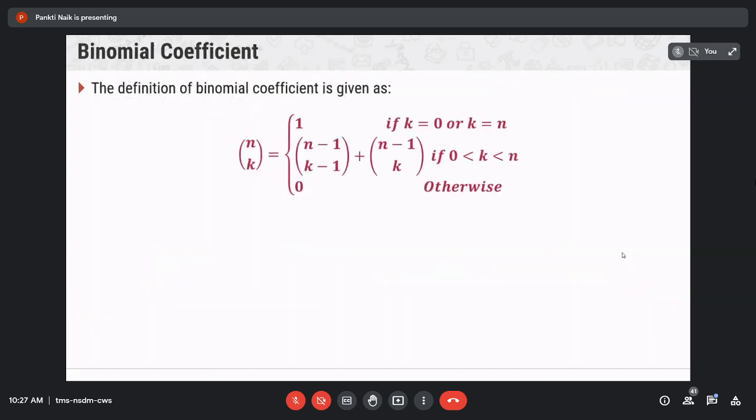The definition of the binomial coefficient is given as: the value of nCk is equal to 1 if k is equal to 0 or k is equal to n.